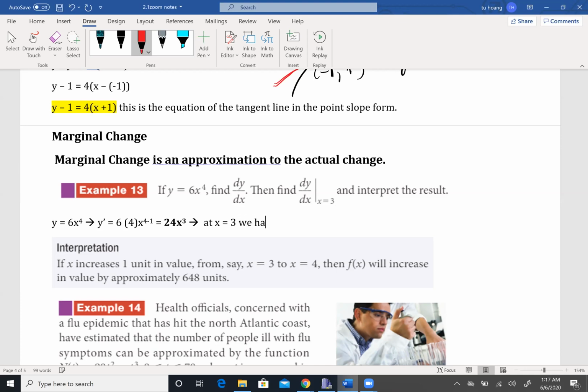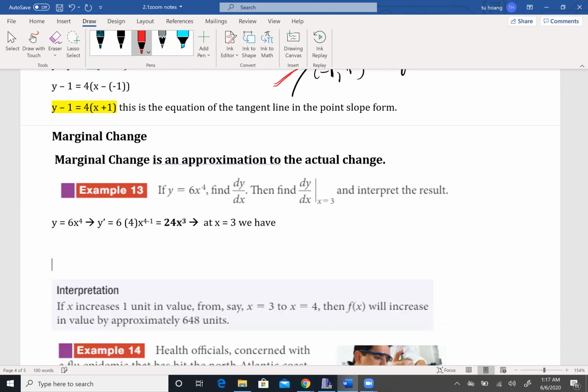Okay, so let's move down here. dy/dx for x equal to 3 equals 24 times 3 to the power of 3, right?